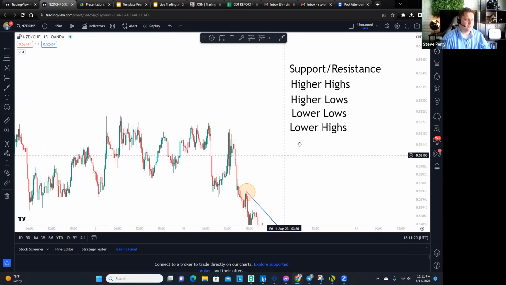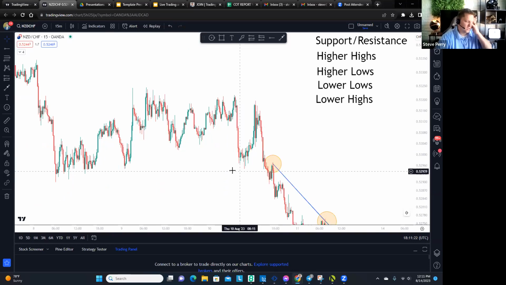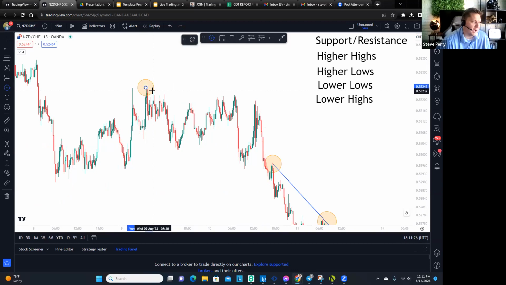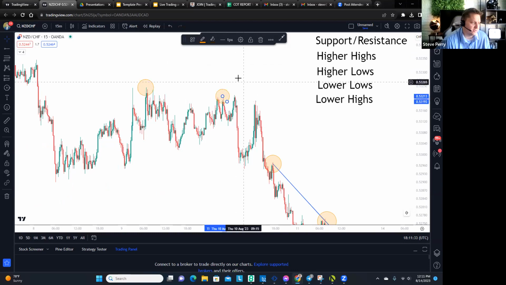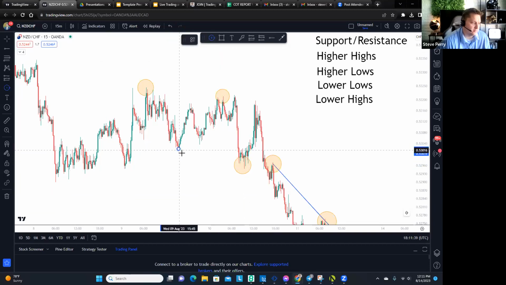Let's find some examples of that just right here. So right here you have a high, right? Over here you start to have some lows that are just slightly lower than the previous lows. Right here you have a lower low than these lows, right?